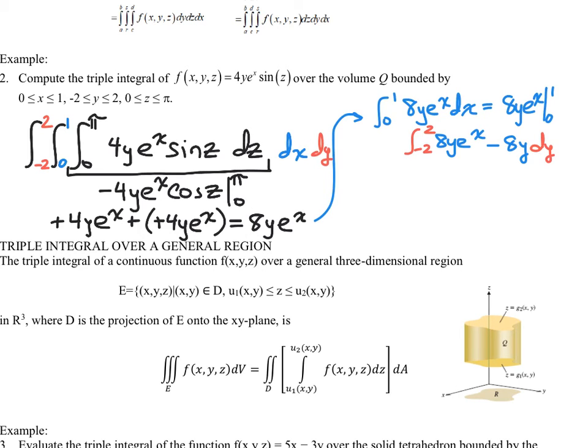All right, so 4y squared e to the x minus 4y squared on the interval of -2 to 2. Oh, did I say e to the x?